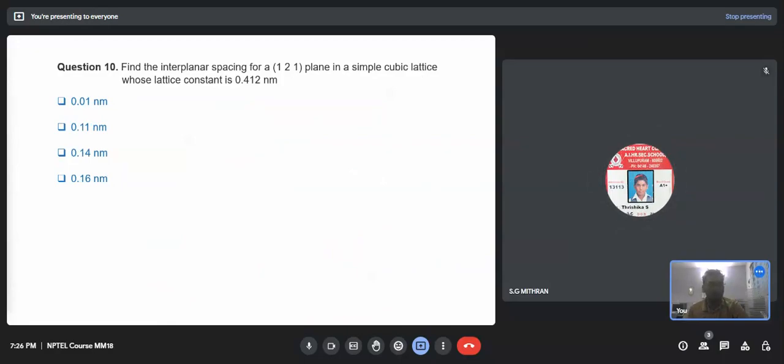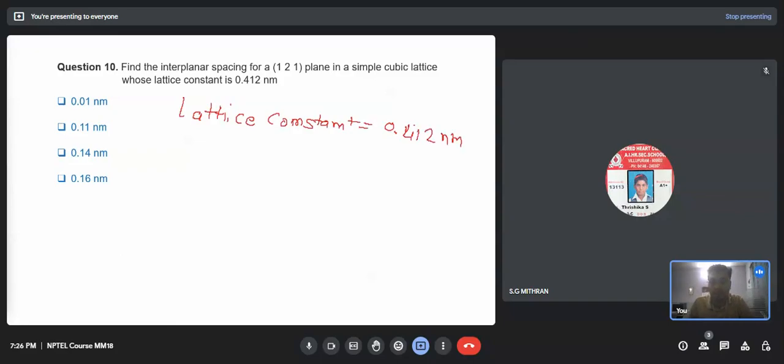Okay, so now we are going further toward the question number 10. Find the interplanar spacing for a one-to-one plane in a simple cubic lattice whose lattice constant is 0.412 nanometer. Okay, so what is given here is lattice constant, that is around 0.412 nanometer.